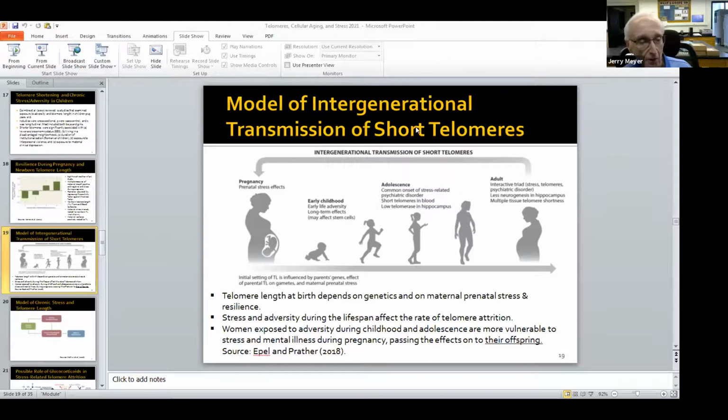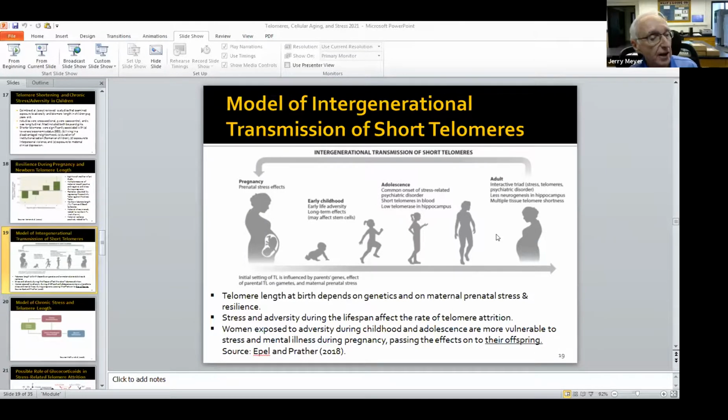So we already saw a piece of evidence for that in terms of maternal stress and resilience affecting telomere length at birth. But in addition to that, stress and adversity during the lifespan affect the rate of telomere attrition.